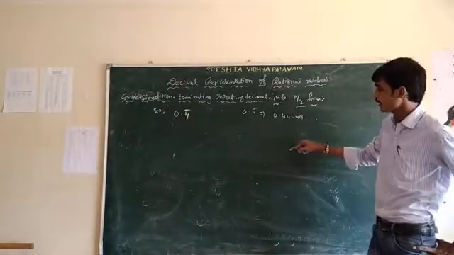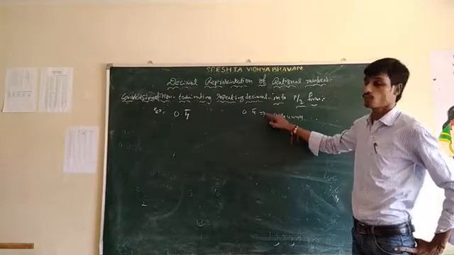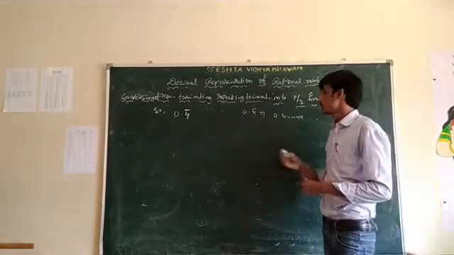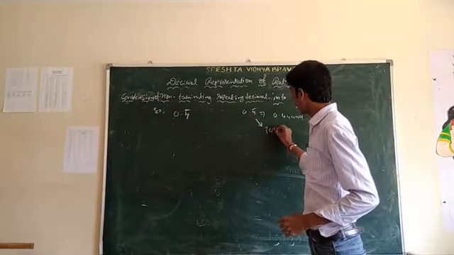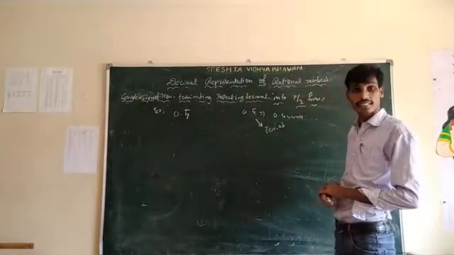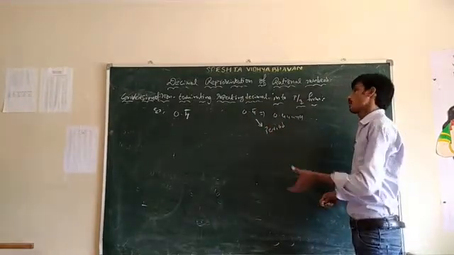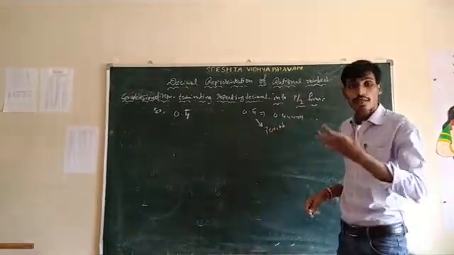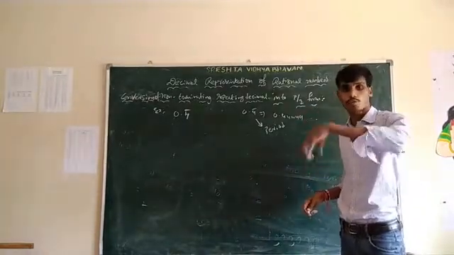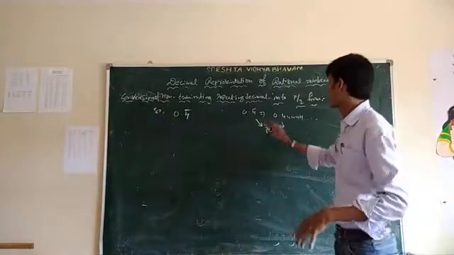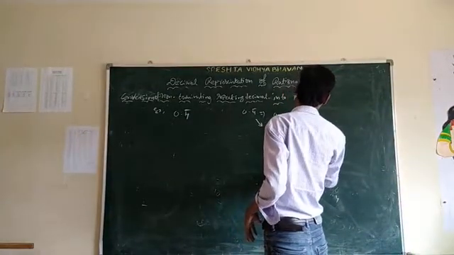Here the set of digits is called the period. The number of digits placed in the bar is called the periodicity.